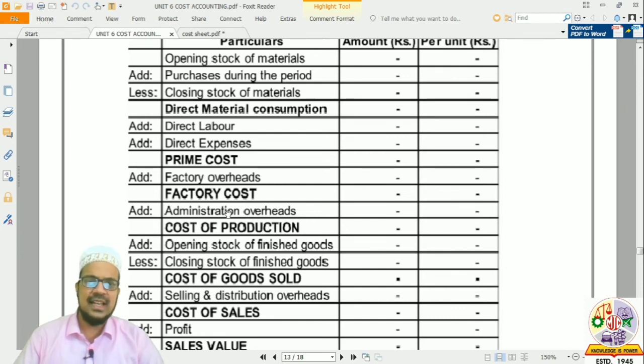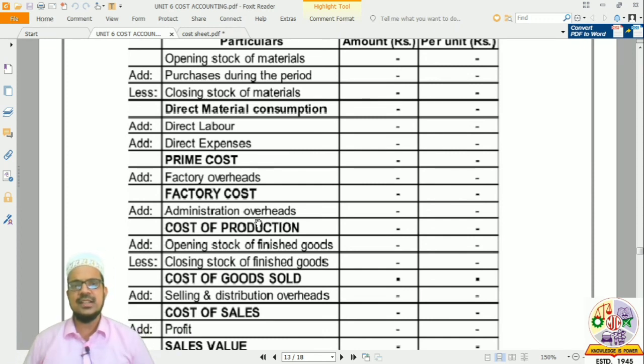So the salary is paid to these people, the materials like office stationery, etc., consumed by this administrative department. The other expenses like printing expenses, electricity expenses, all these expenses will be classified as administration overheads. And once these administration overheads are added to the factory cost, you will get the cost of production.